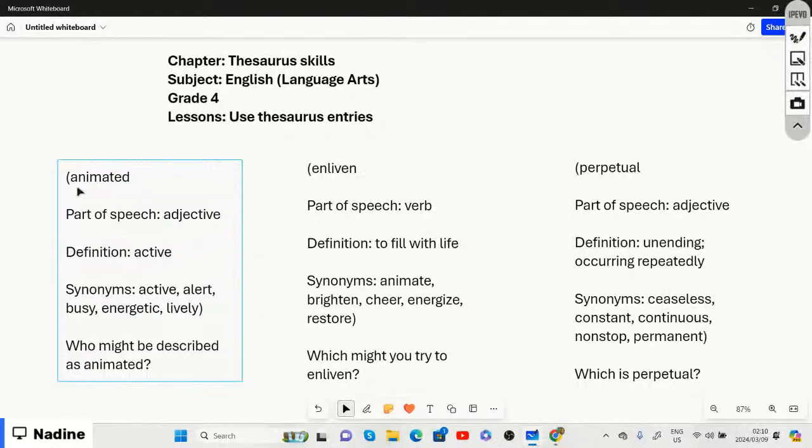All right. So we have the word animated, and our part of speech means that animated is an adjective.